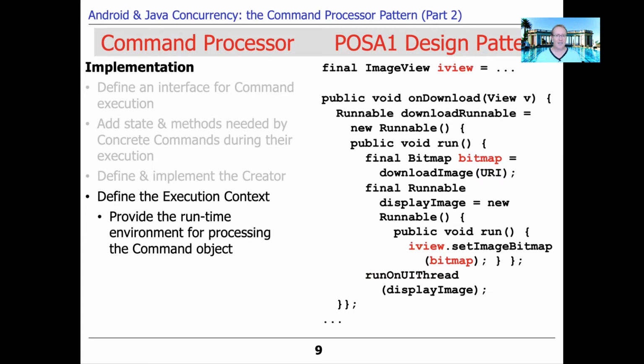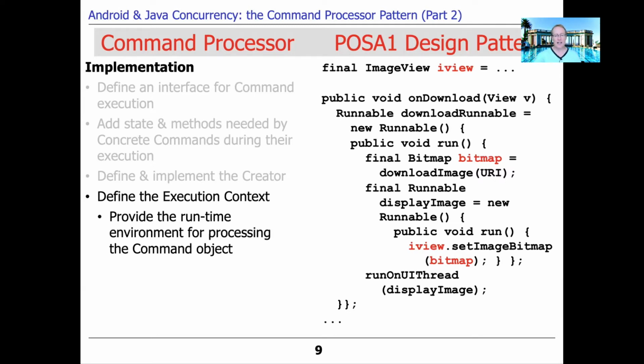We then have to define the execution context, which is the runtime environment to process the command object. As you can see here, in this case, that's going to keep track of the bitmap that we will have gotten once we've downloaded the overall image from the remote web server where it resides.